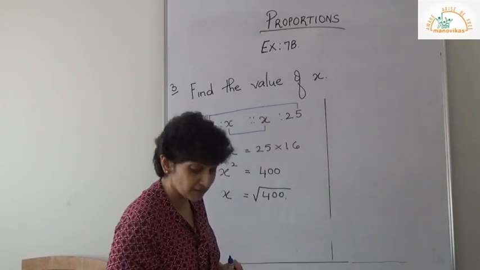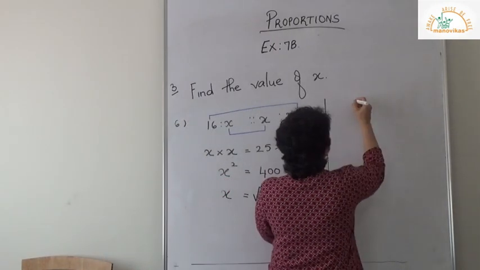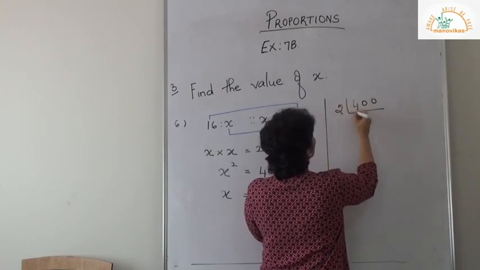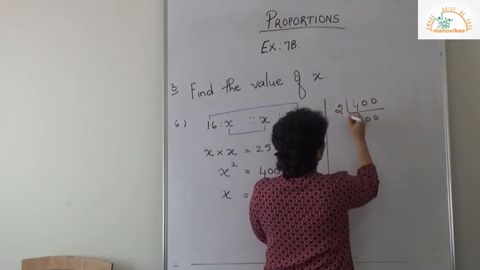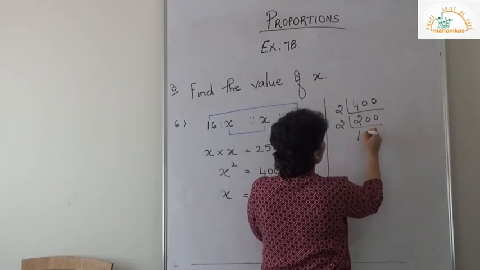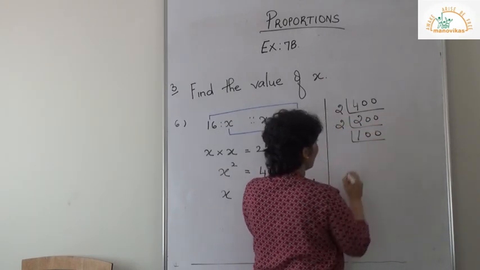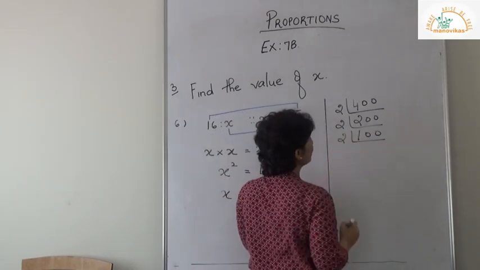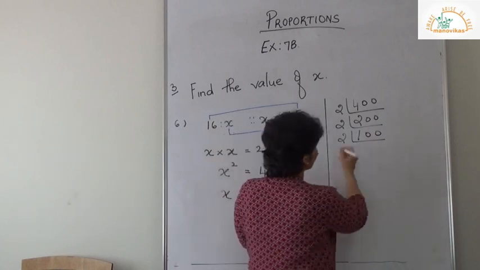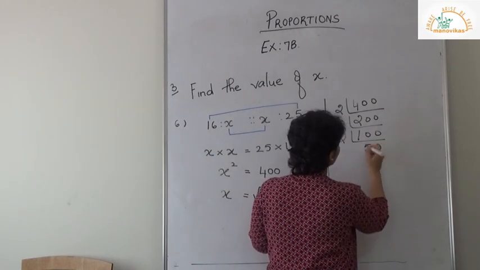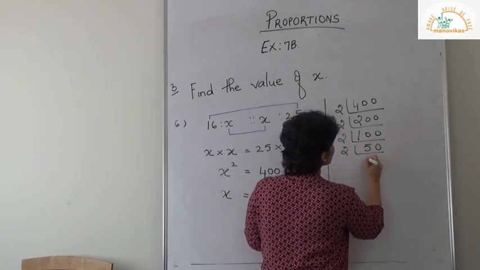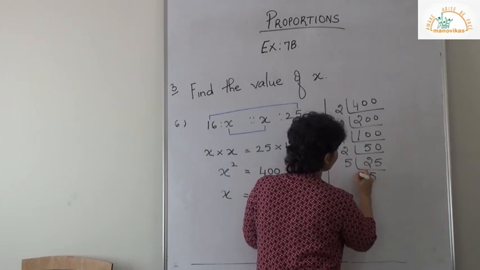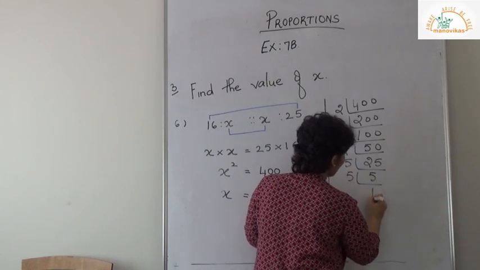Now, to find out the square root of 400, 2 2s are 4, 0, 0, 2 1s are 2, 0, 0. We are only finding out the square root, children. Actually, you don't need to do with 2s, but since you are used to it, let's do it. 2 5s are 10, 0, 2 25s, 5 5s are 25, 5 1s are 5.